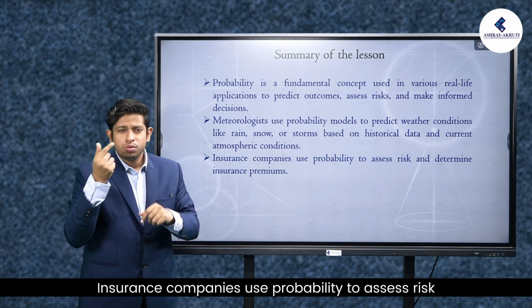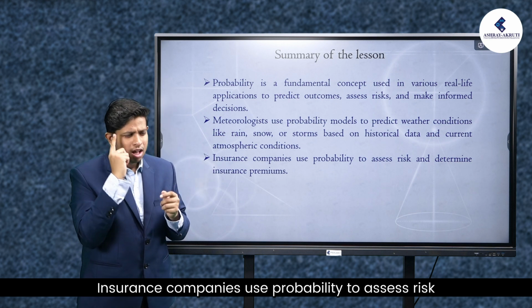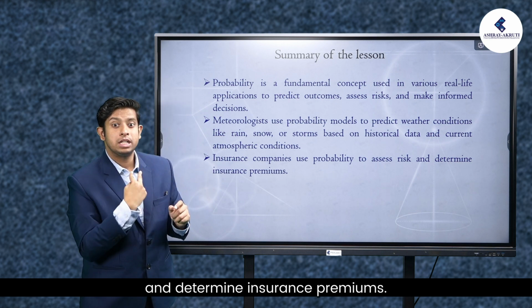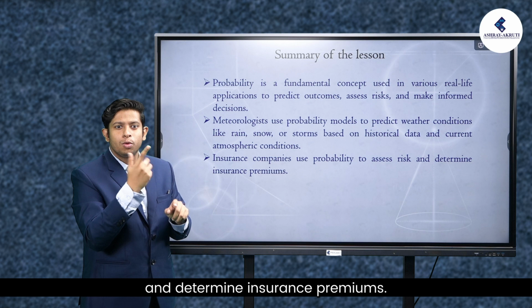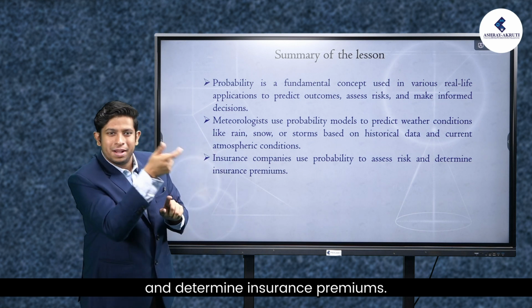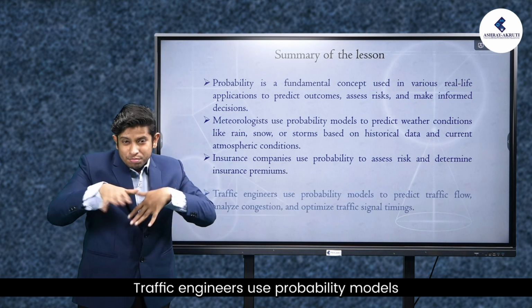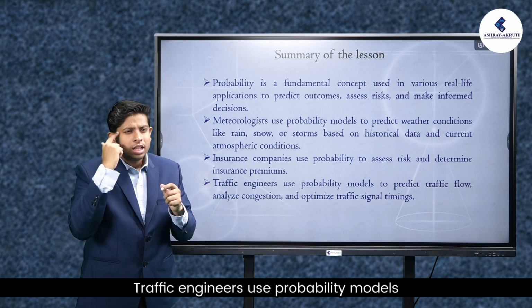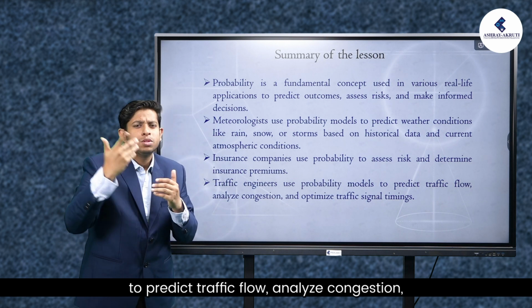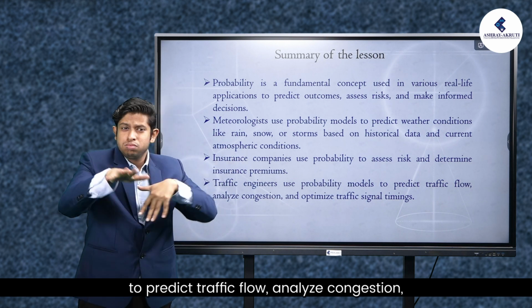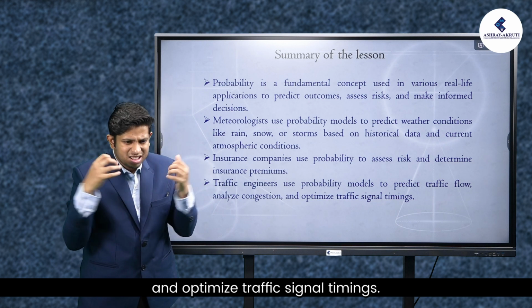Insurance companies use probability to assess risk and determine insurance premiums. Traffic engineers use probability models to predict traffic flow, analyze congestion, and optimize traffic signal timings.